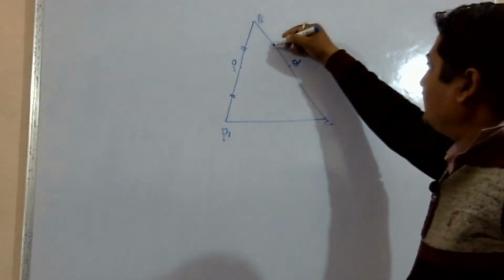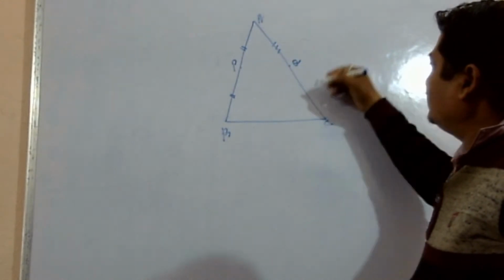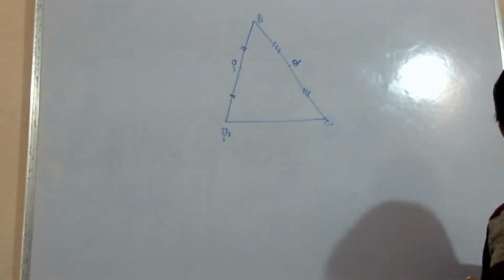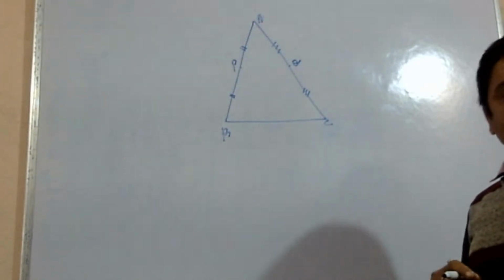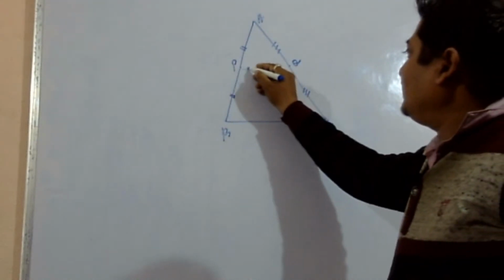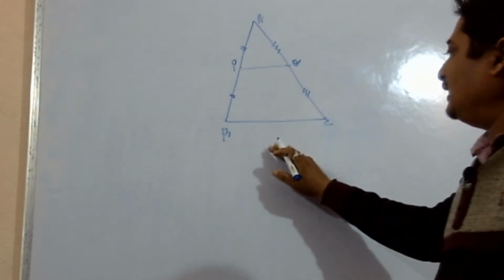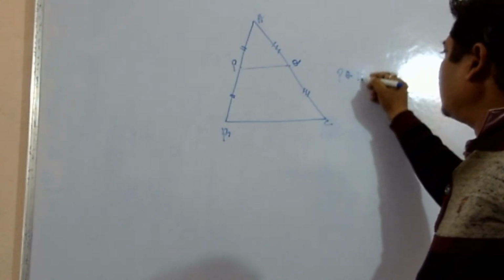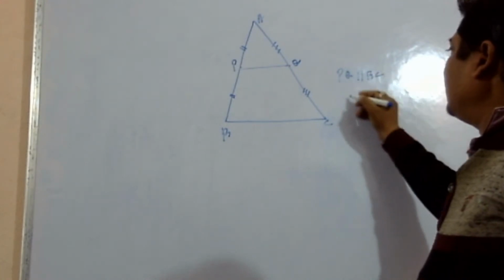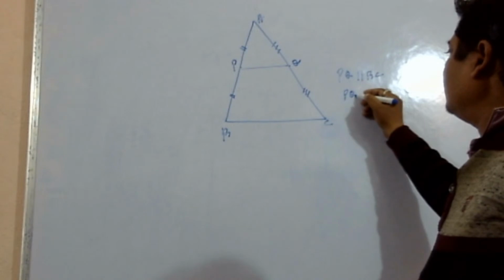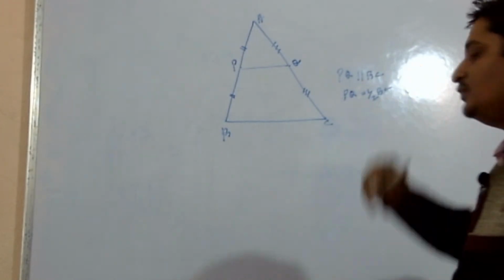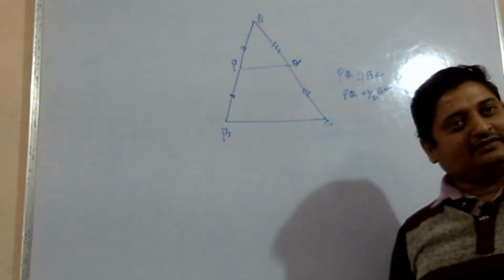That means AP equals BP, and AQ equals CQ. Yes or no? Yes. Then we have to prove PQ parallel to BC and PQ equal to half of BC. We have to prove. Okay?